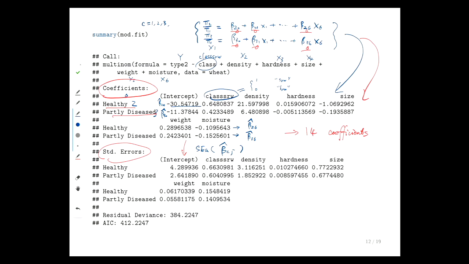So if we have the standard error and also we have the estimation, if I ask you to compute the confidence interval for some coefficient, I think that's straightforward. Just use the estimation minus plus the quantile times the standard error. So that's the corresponding standard error, and that's how we look at this summary table. Any questions for that? I think the only difficulty here is that we have more equations, so that means we have a lot of coefficients.